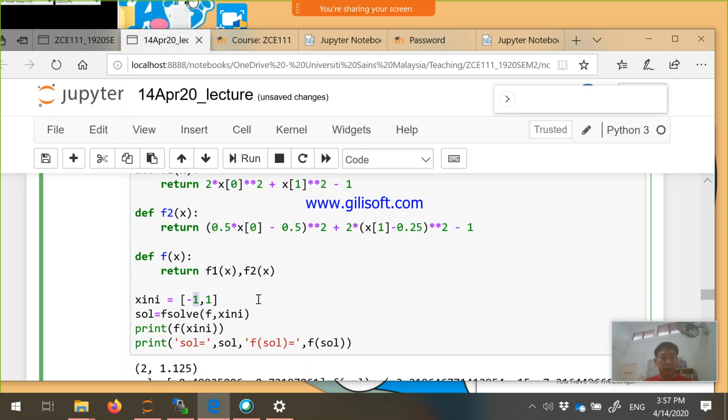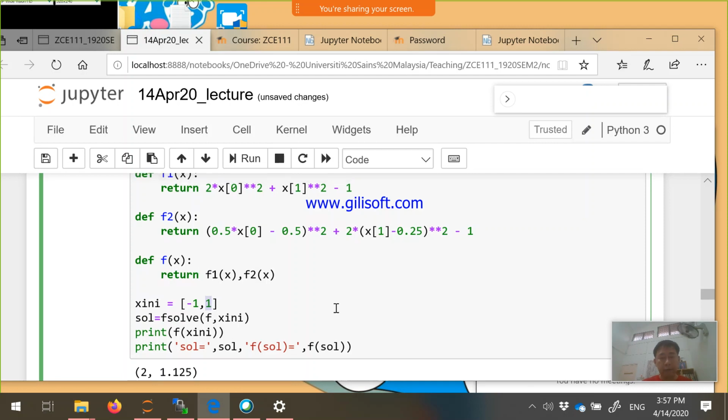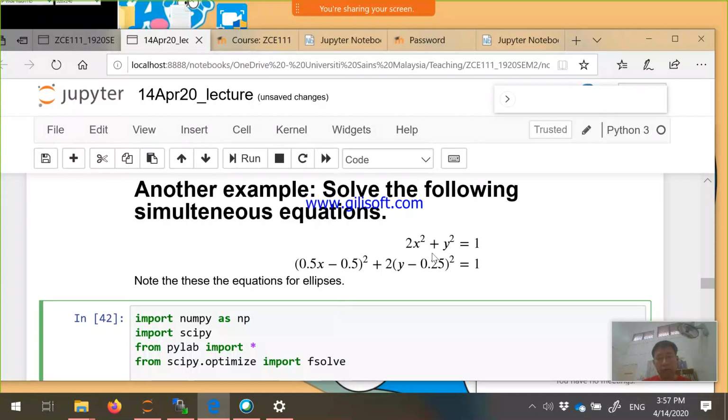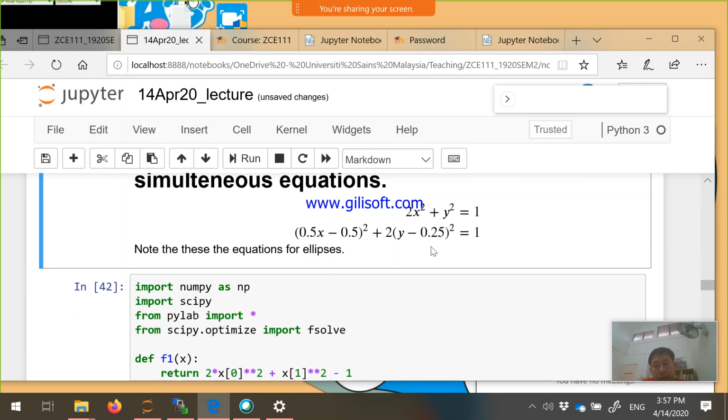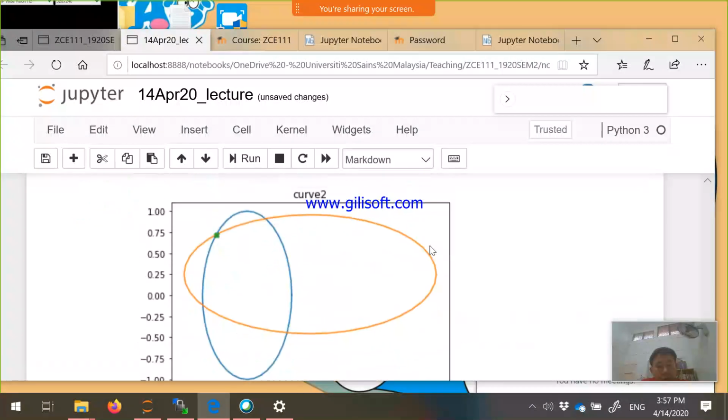This number refers to the initial guess for x, and this number 1 refers to the initial guess for y. So we want to know what is x and what is y. If you finally find the x and y in this simultaneous equation, it actually refers to the coordinates of the intersection.